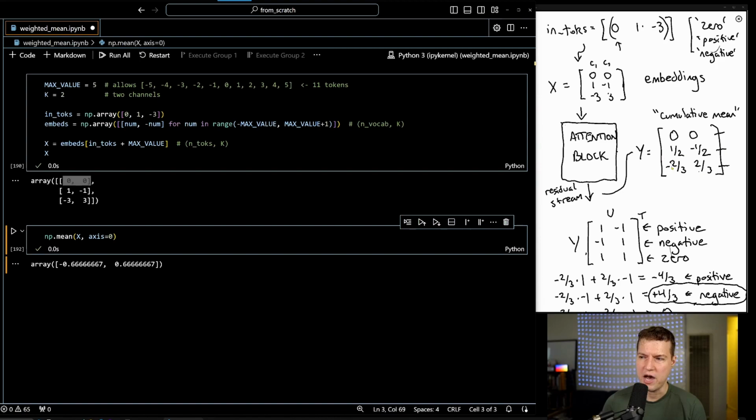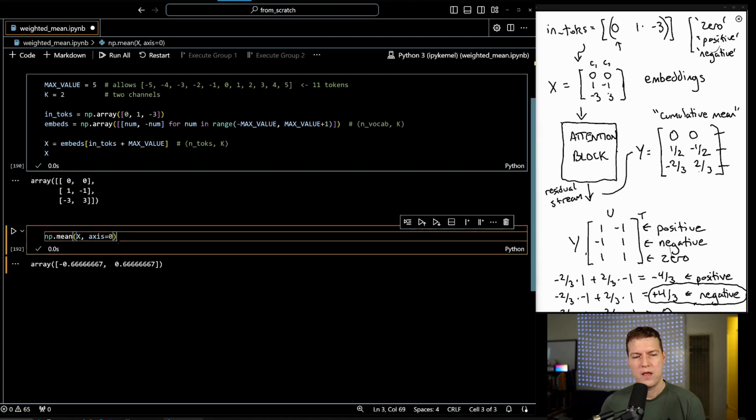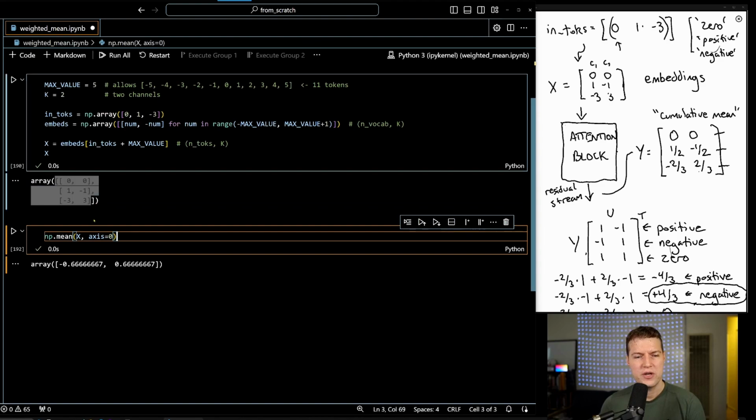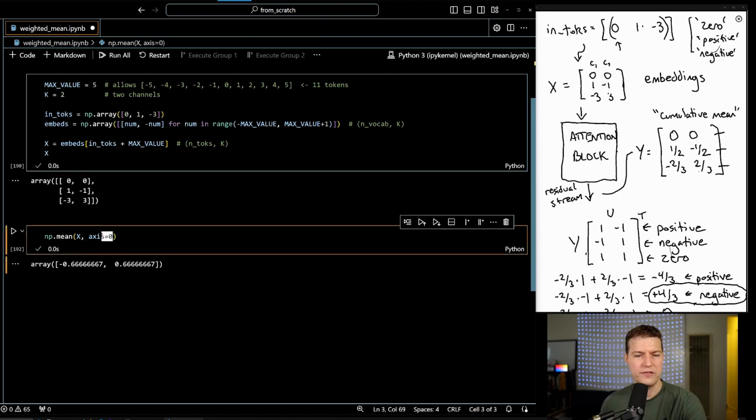That's exactly what we got for the final one, -2/3, 2/3, in our computed example. If you have a 2-dimensional matrix, you usually go rows, then columns, so axis 0 is the rows, axis 1 is the columns.